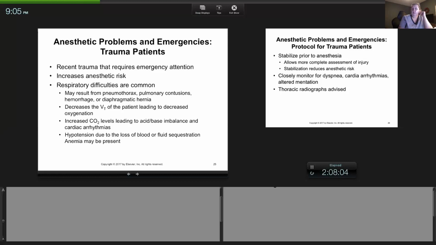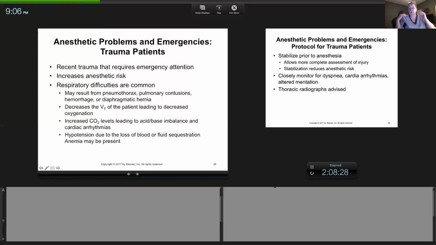The other thing we worry about is low blood pressure from shock. If they've lost blood, they're going to be in shock, which is called hypovolemic shock because they don't have enough volume. Now, there is something called fluid sequestration anemia.